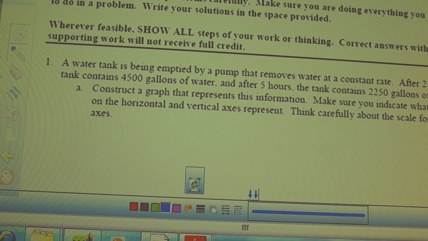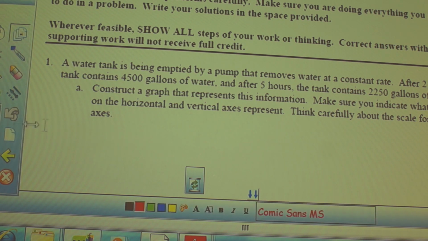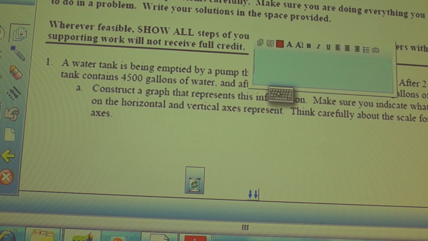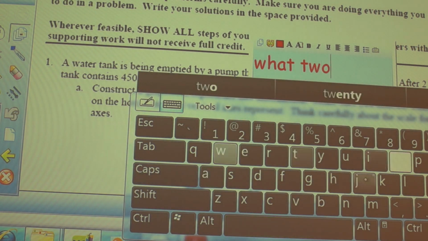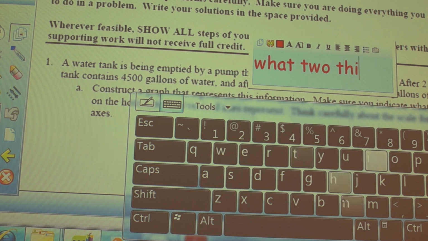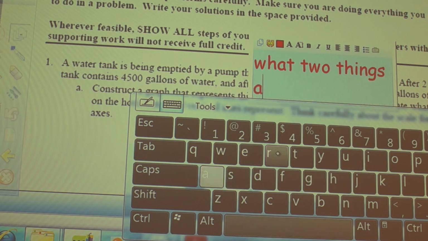Construct a graph that represents this information. Make sure you indicate what the values on the horizontal and vertical axes represent. Think carefully about the scale for the two axes. Great. So I want you to think about this. What two things are varying, changing?